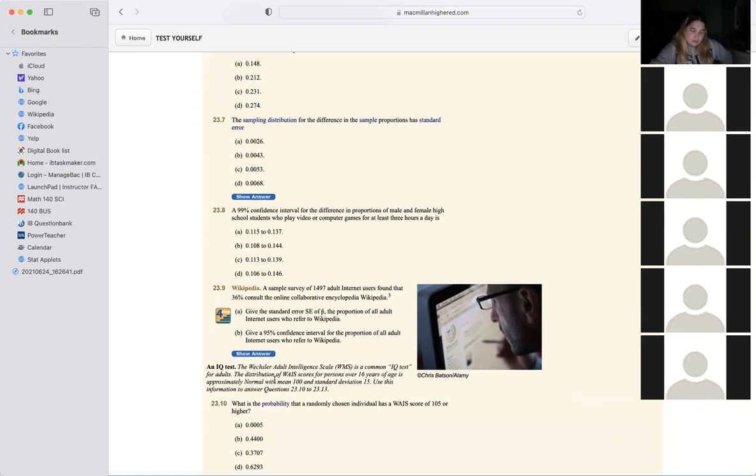Which interval on the calculator am I going to use for this? The one prop Z interval. What do I put as my X? Your X will be the 1,497.